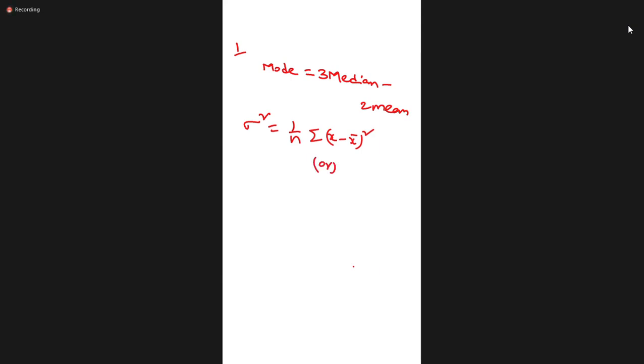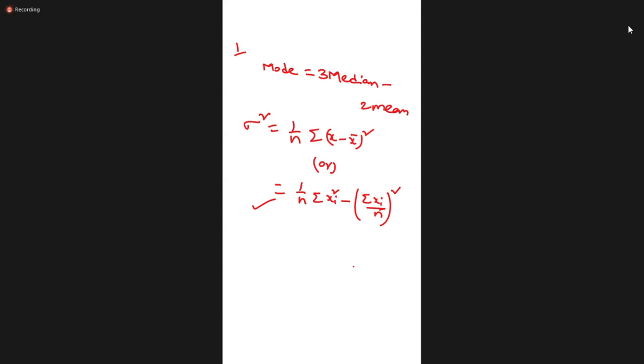Or the same formula you can write as 1 by n sigma xi square minus sigma xi by n whole square. This is called the mean. You know this. Whenever they give an individual series, like find the variance of the first 10 multiples of 3, then you have to apply this formula.